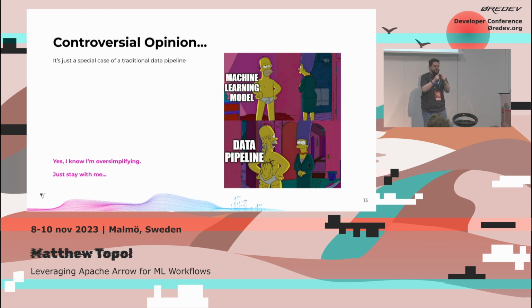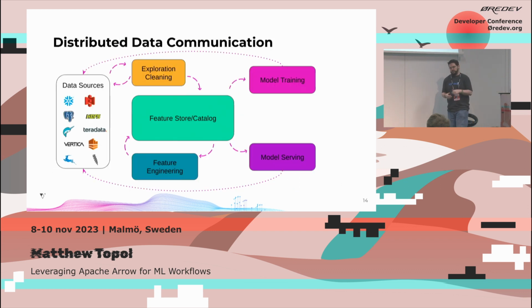Swap out the machine learning piece with any other analytical, computational black box, and your overall system isn't really much different. And so you end up with something like this. You've got your data sources.